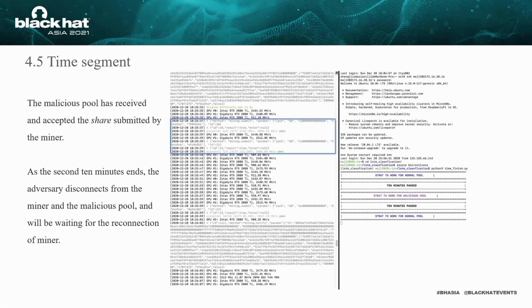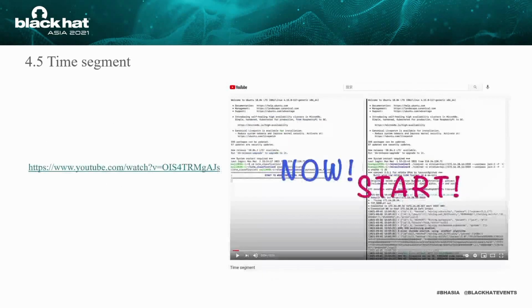As the second 10 minutes ends, the adversary disconnects from the miners and the malicious pool and will be waiting for the reconnection of the miner. We also made a video for this.